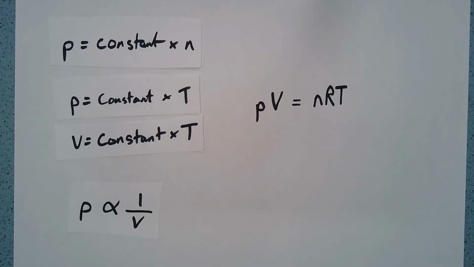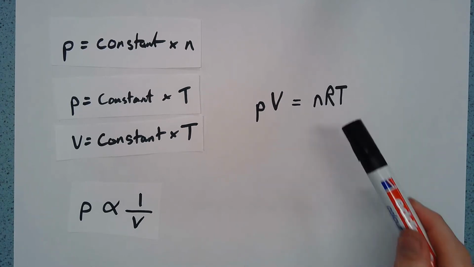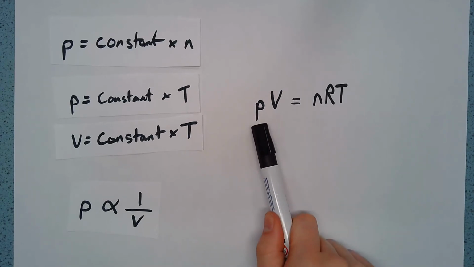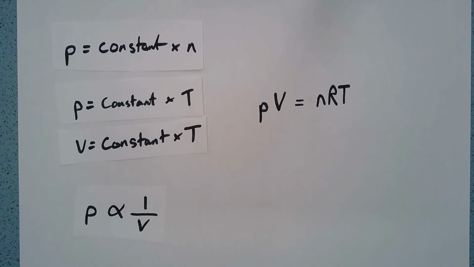Now, I said earlier that the units were going to be really important, and that we were using Kelvin here. And that's because the value of R actually changes depending on what you're using. So pressure could be measured in atmospheres, or it could be measured in torr, or it could be measured in pascals.